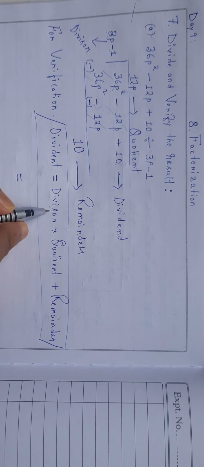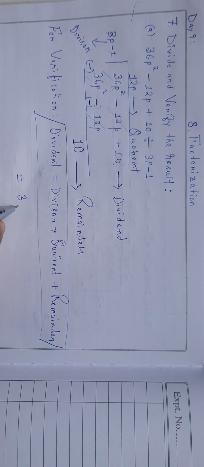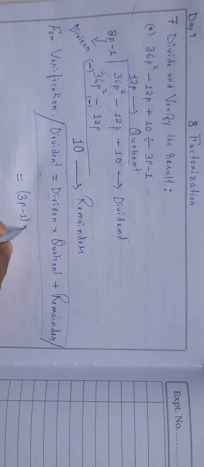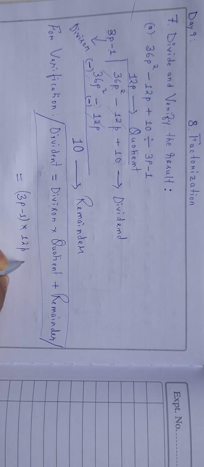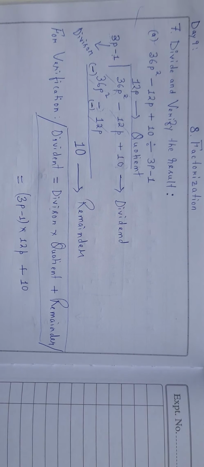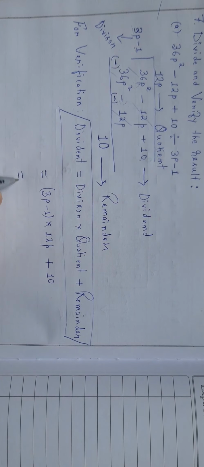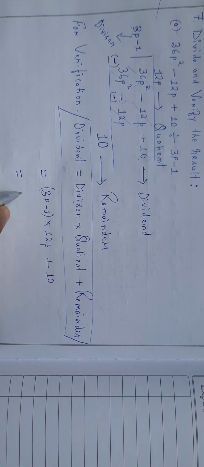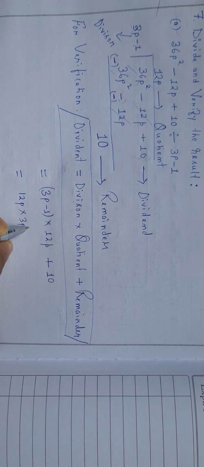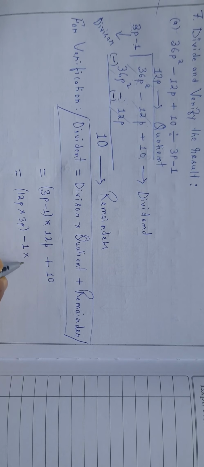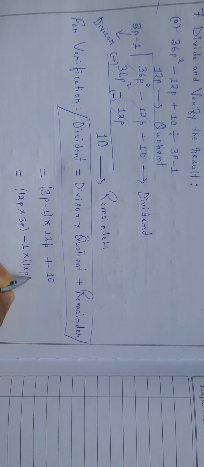So now we'll place the values. Divisor is 3p minus 1, into the quotient 12p, plus remainder. Remainder is 10. Now we'll multiply 12p with 3p, and minus 1 into 12p.